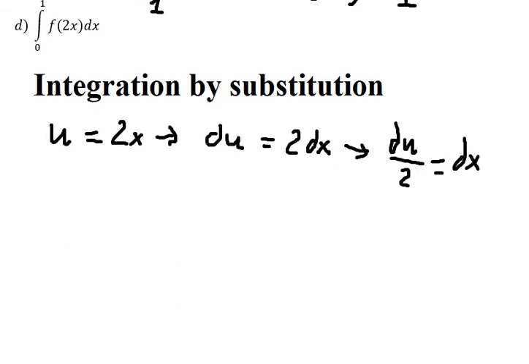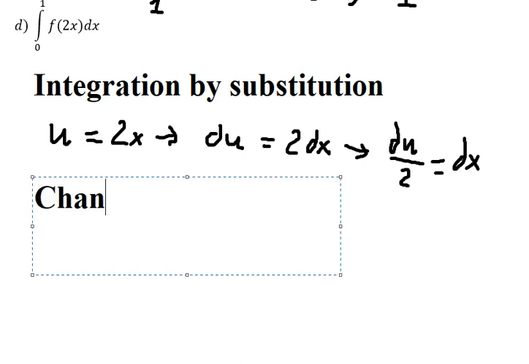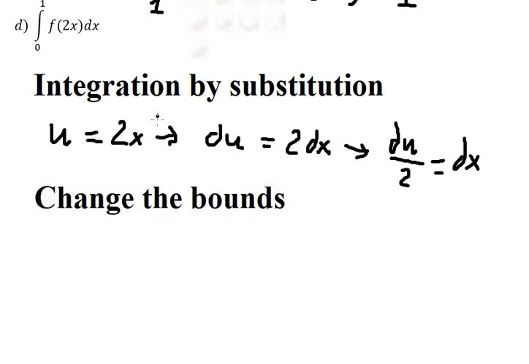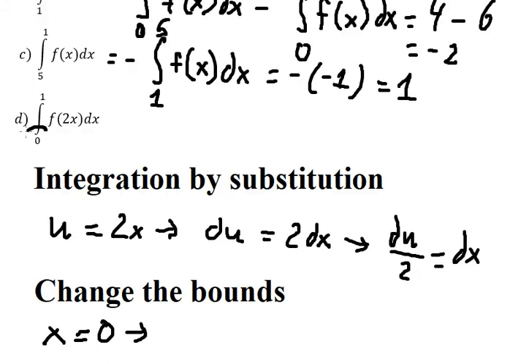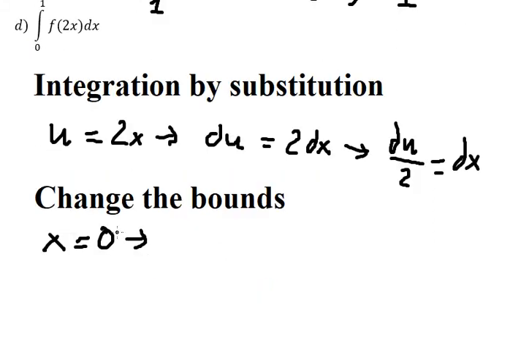Next, we need to change the bounds. So when x equals 0, that is from here, we put 0 in here, and we have u equals 0.